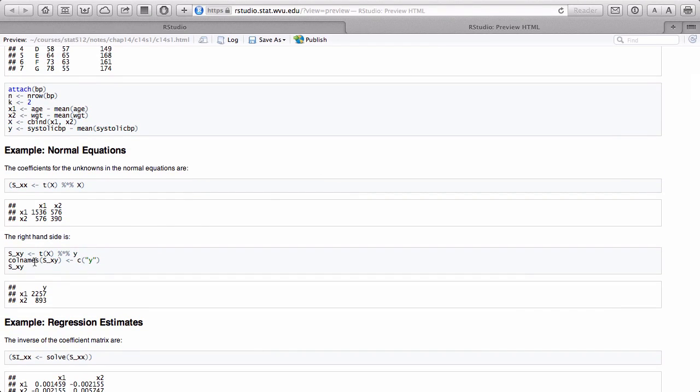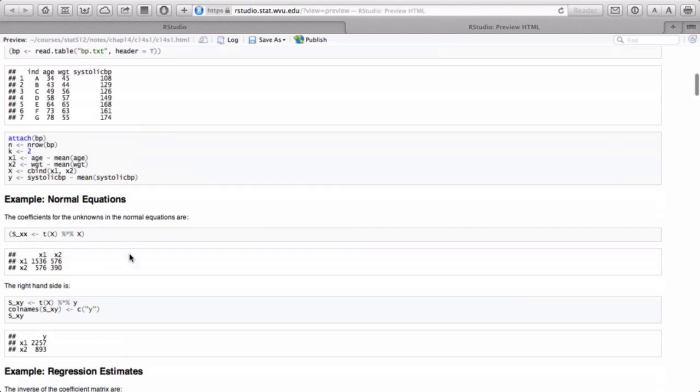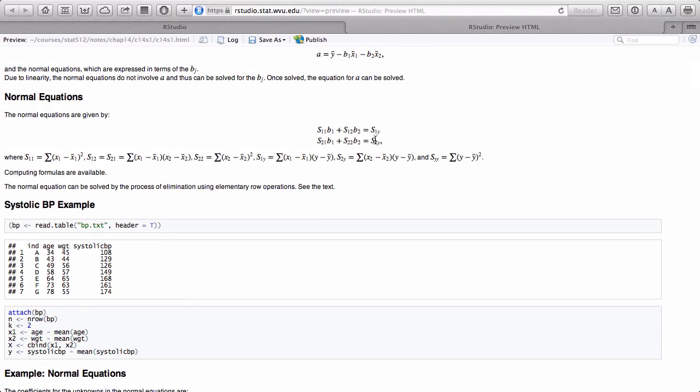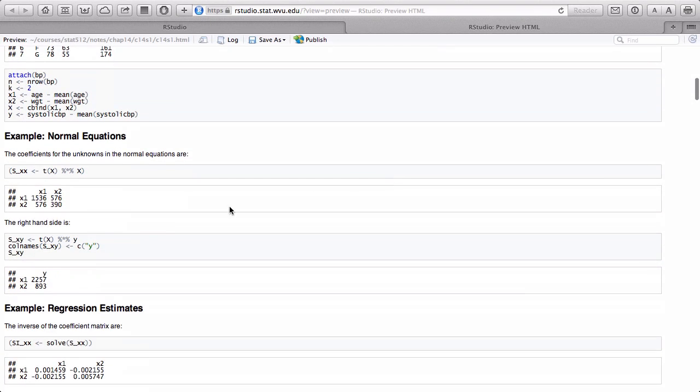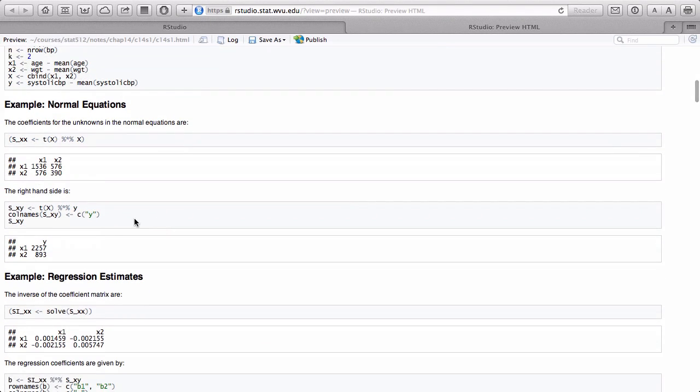And now I'm going to get the transpose of X times Y, matrix multiply. What that gives me is the right-hand side, S1Y and S2Y. And you can see how they're defined here. So in R, it's fairly simple to do. And so here's what we call the right-hand side.